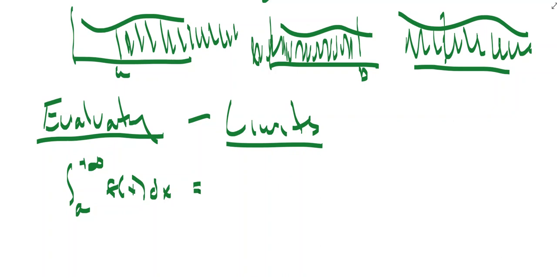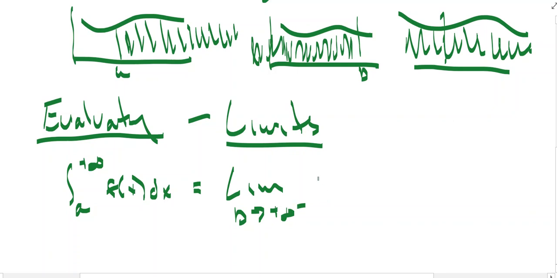So we want to be able to evaluate this integral as we approach positive infinity. So we're simply going to write the limit as the upper bound b approaches positive infinity from the left. This will be a left-hand limit of the integral from a to b of f of x dx.